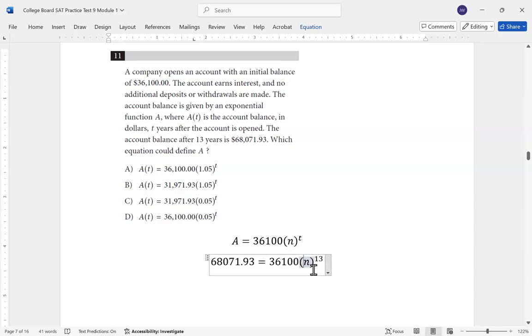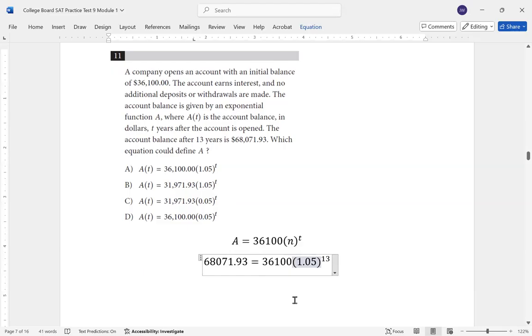Now, you can use logarithms to find the n. You can find the n in some other ways as well. But the easiest way is that really we only have two options for n. It's going to be 1.05 or 0.05. Since we're growing, it actually has to be the 1.05, because if it was 0.05, then the account would be losing money.